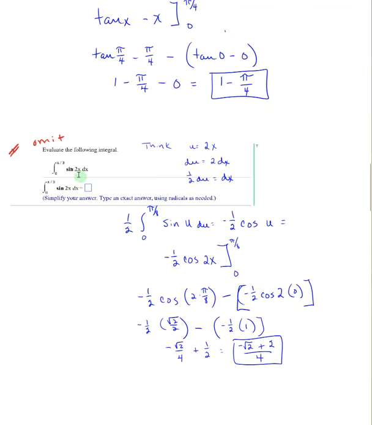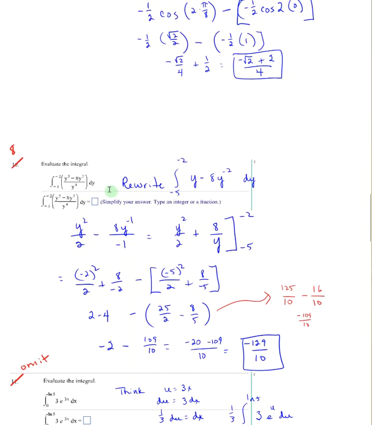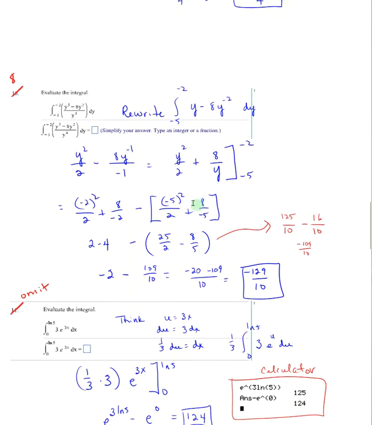This one is omitted, so our next one, this is number 8 now. We have the integral from -5 to -2 of this. Remember, there's not a quotient rule, so you want to try to simplify. y to the 5th over y to the 4th is y, minus 8 y squared over y to the 4th. That's 8y to the -2 dy. So now we're going to integrate.